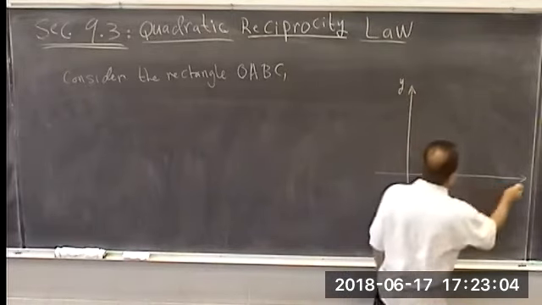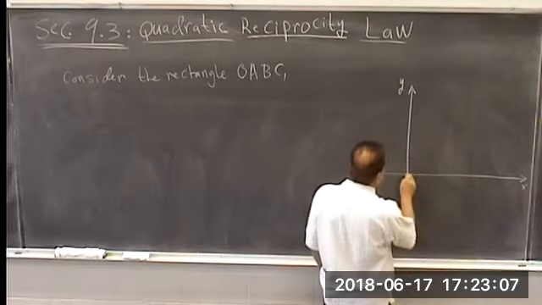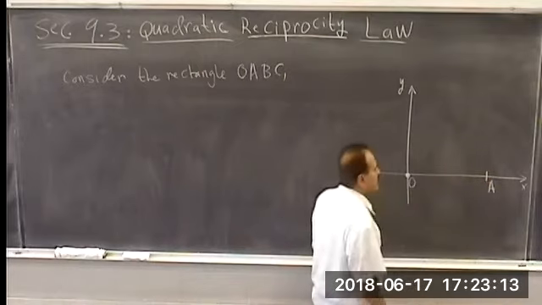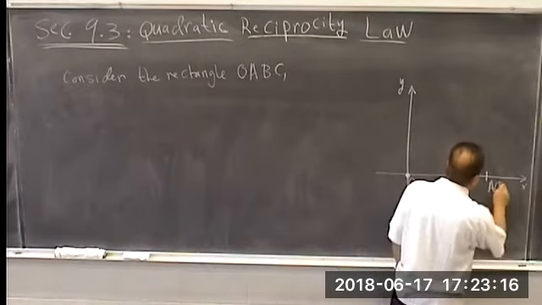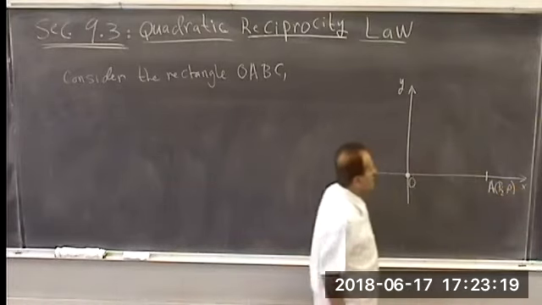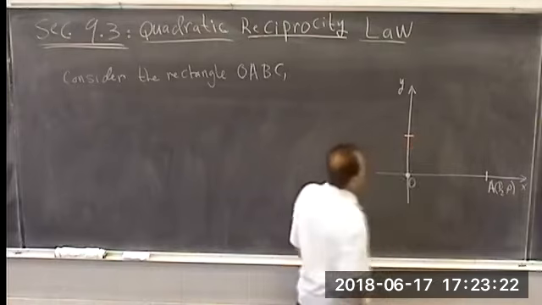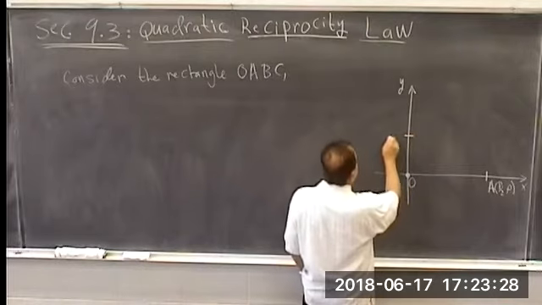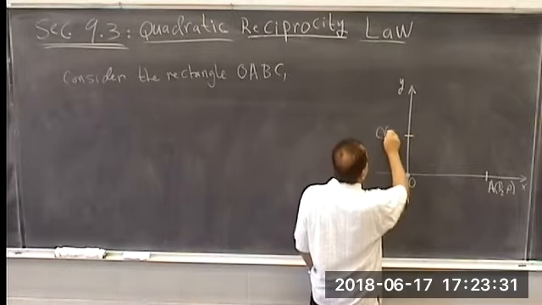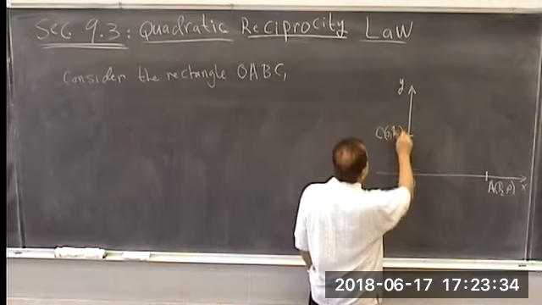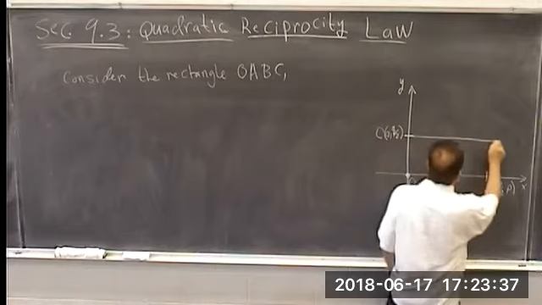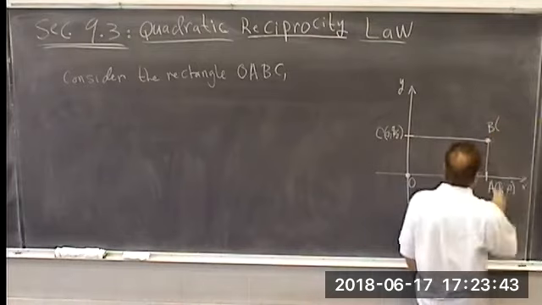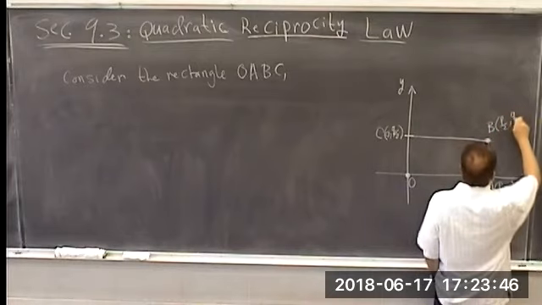All right. O is, of course, the origin. A has coordinate p over 2, 0, on the x-axis. The point up on the y-axis we're going to call C, and this is 0, q over 2. And then B is the point whose coordinate is p over 2, q over 2.